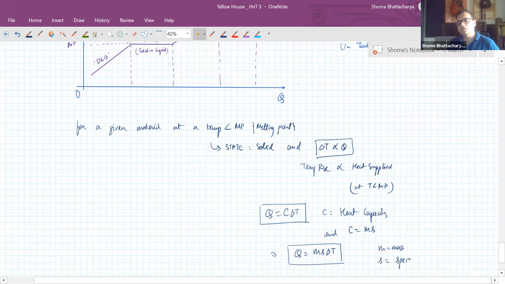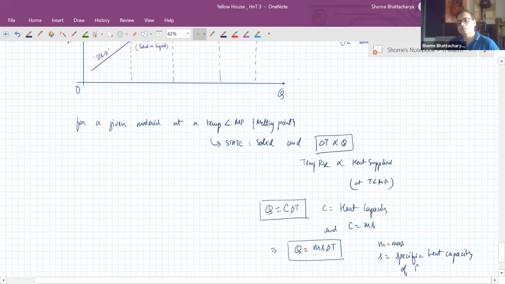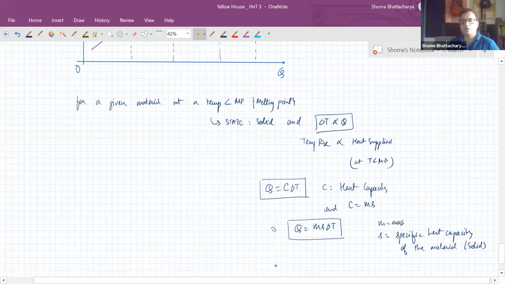S is called specific heat capacity of the material. In this case, it's in solid state because the temperature is less than the melting point.